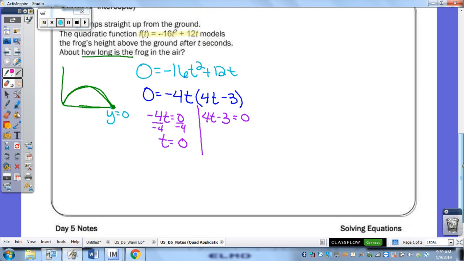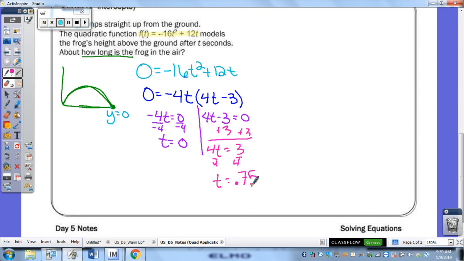For the other one there, we'll add the 3 over. So we have 4t equals 3, divide by that 4, and we get the decimal 0.75.